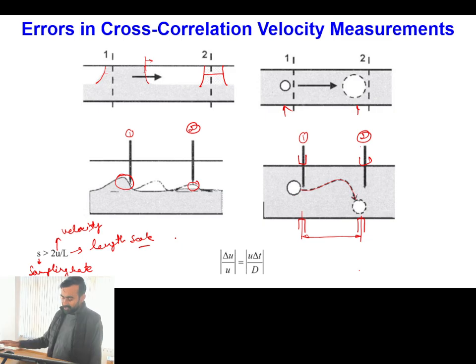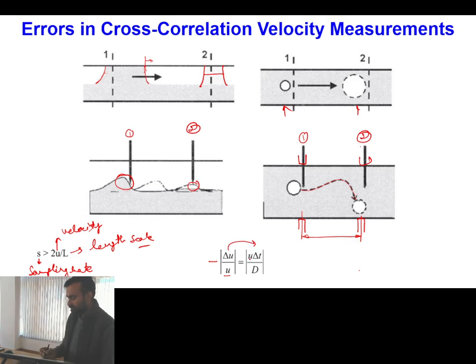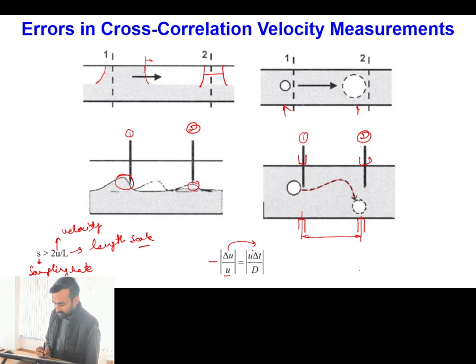Another important point is, if we have to perform the uncertainty analysis in measurement of velocity, then delta u by u will be equal to, delta u, the change in velocity, will be u into delta t. Okay, so u into delta t will be the distance which will be moved, and d will be the distance between the two locations.